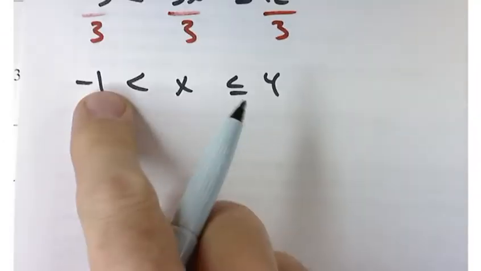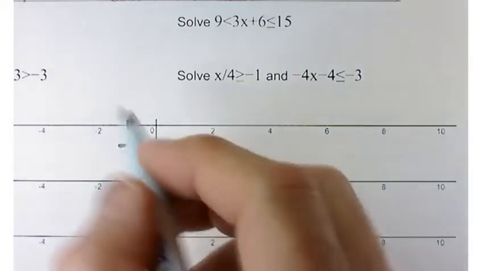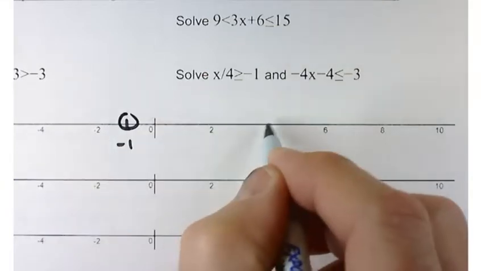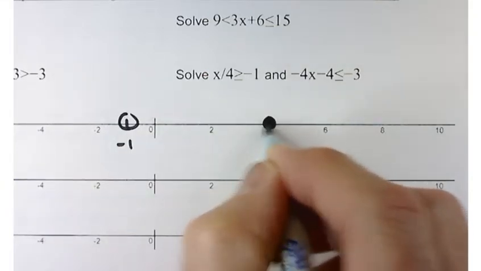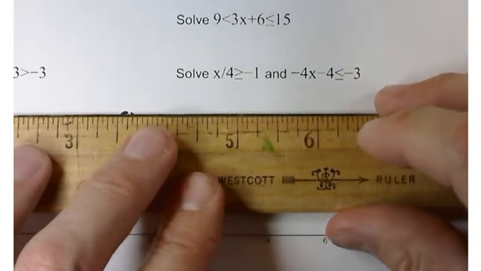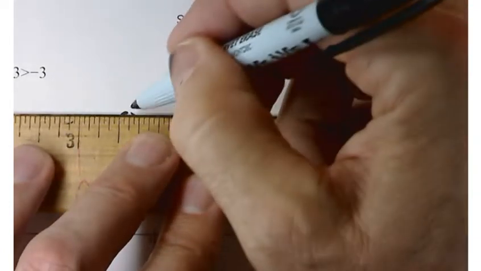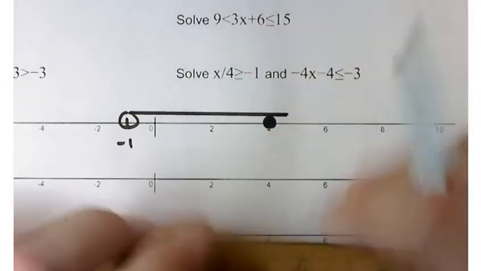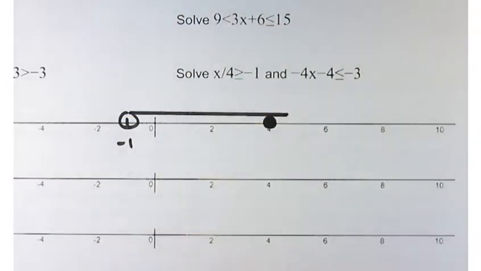Good. Open at negative 1, solid at 4. So open here, solid here. And just connect the dots in between. Whoops, I didn't mean to overshoot that there.